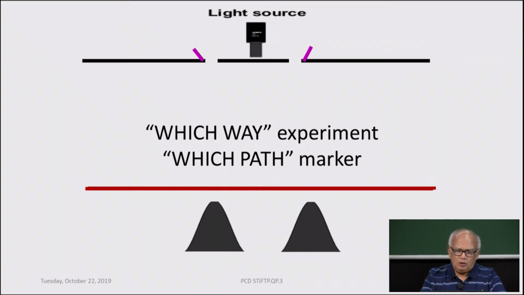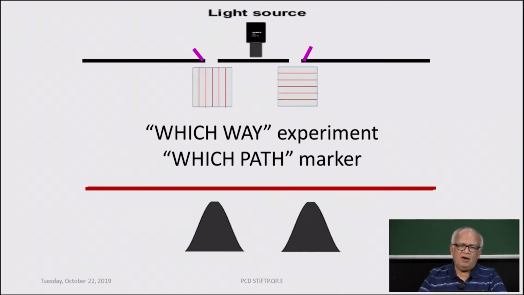Now, you can do this which way experiment in different ways. You can have both the slits open and put polarizers, which are orthogonal to each other. So, you know that the light which is coming out of them is polarized in only one way, and not the other.